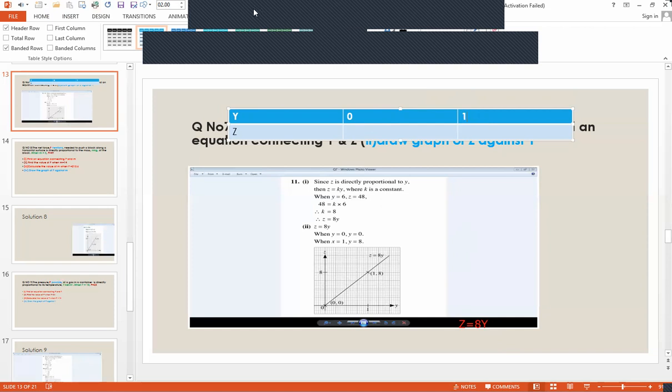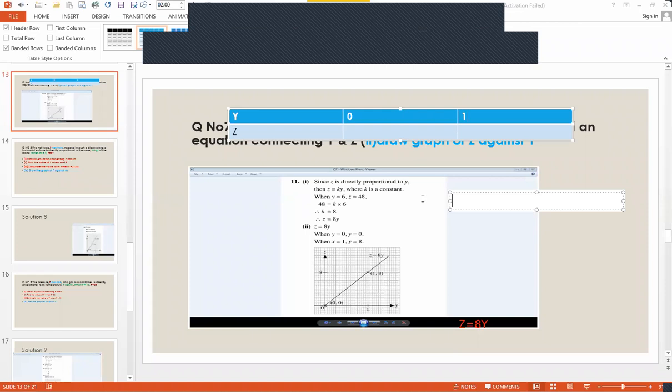Look here. As we know, the equation is z is equal to 8y. Which variable is written on the right hand side? Y. Always remember, being a Muslim, we know that all the people who do good deeds in this world are on the right hand side, and all the right hand side people, inshallah, go to Jannah.